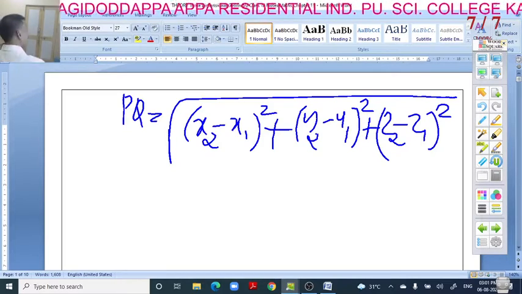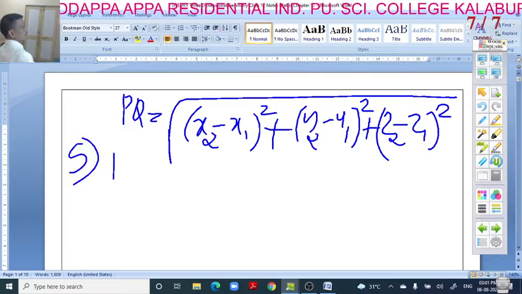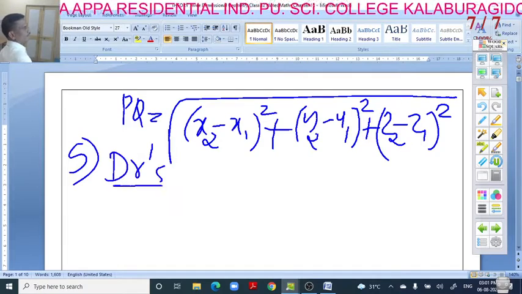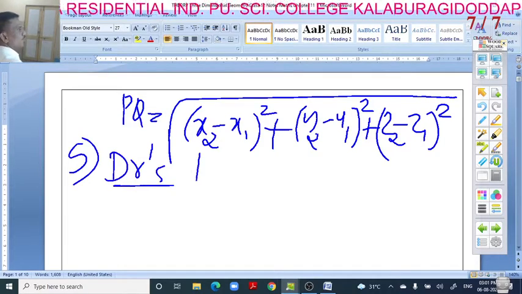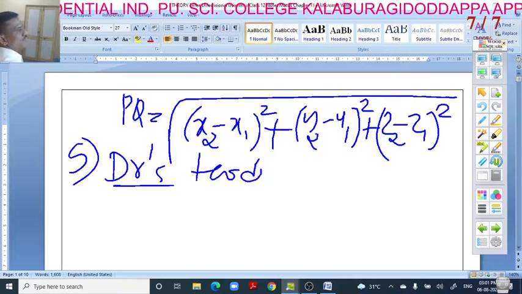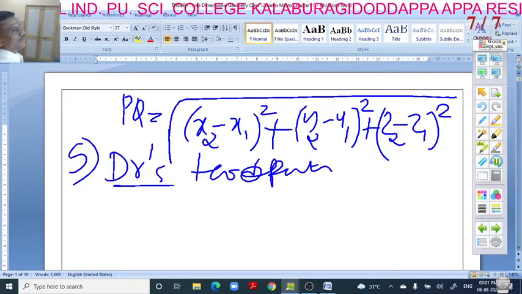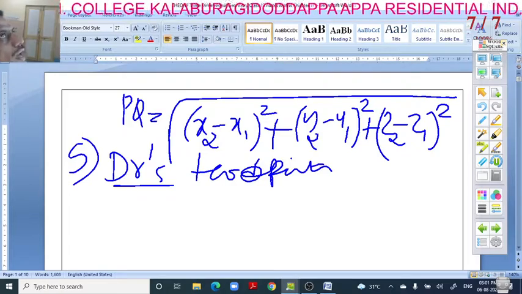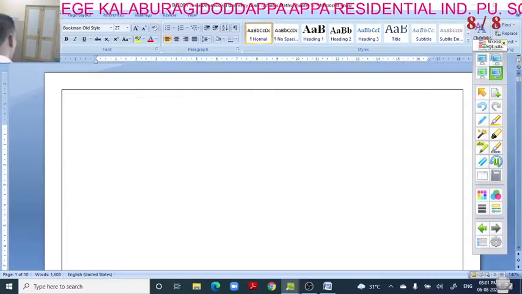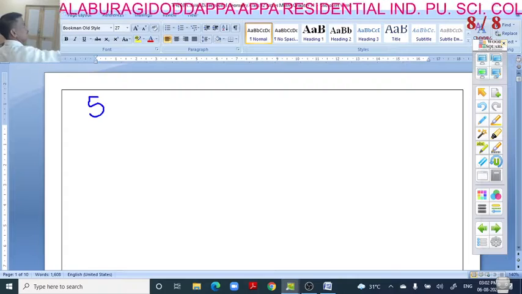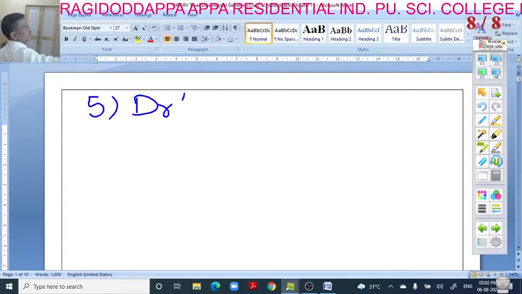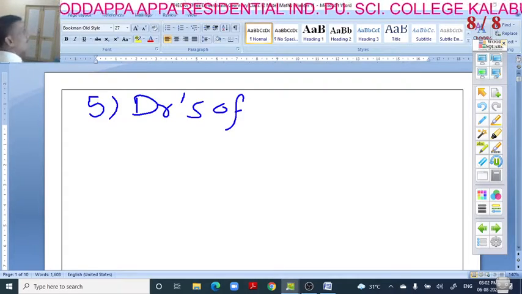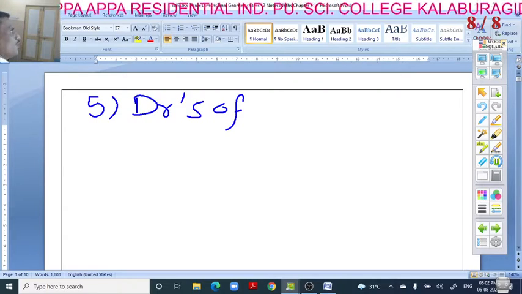Next, the fifth point: direction ratios of a line joining 2 points.